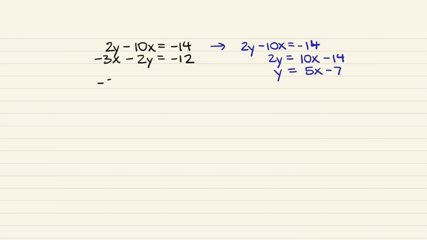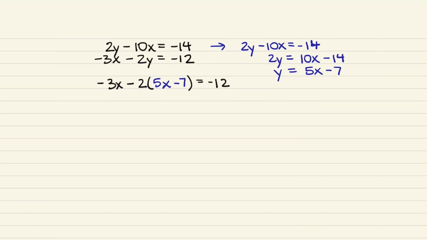So negative 3x minus 2 times 5x minus 7 equals negative 12. So this equation right here with our y value substituted in.